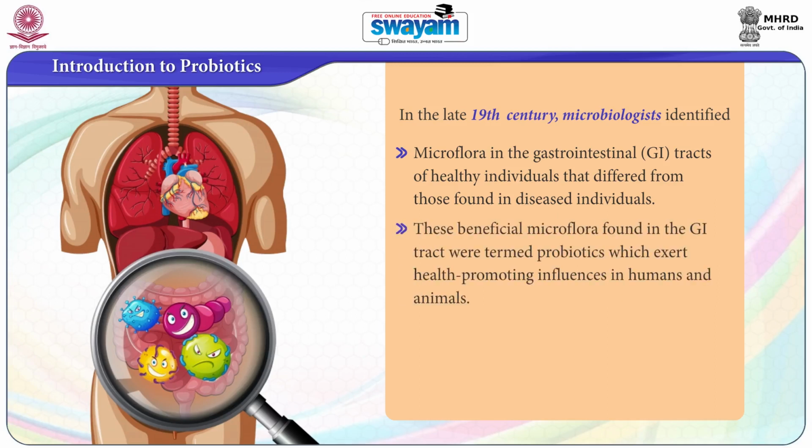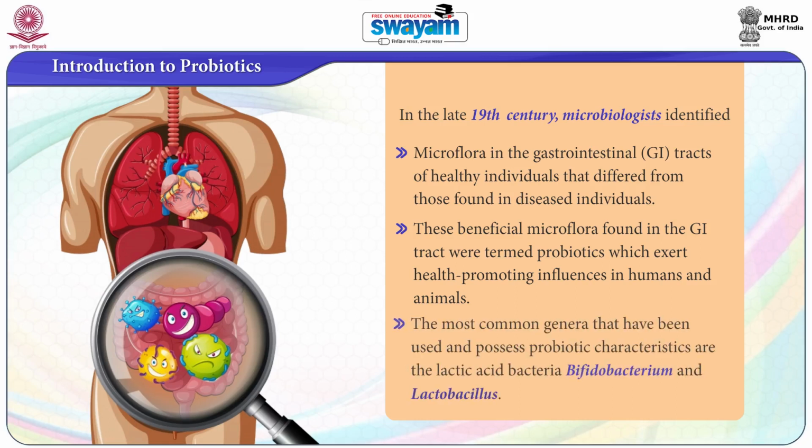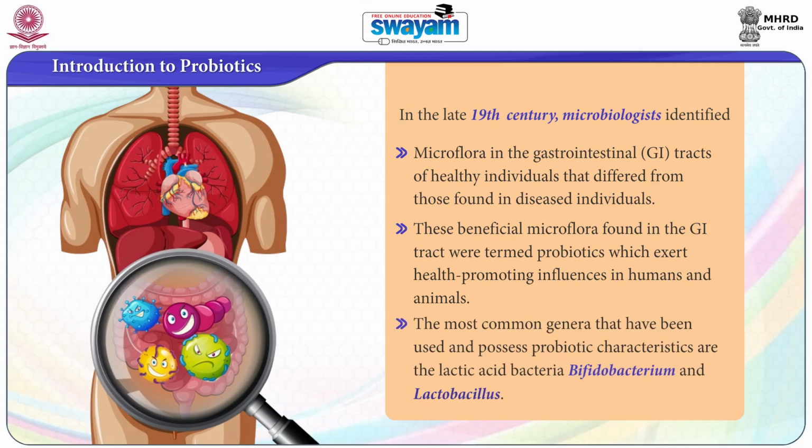These beneficial microflora found in the gastrointestinal tract were termed probiotics, which exert health promoting influences in humans and animals. The most common genera that have been used and possess probiotic characteristics are the lactic acid bacteria, Bifidobacterium and Lactobacillus.